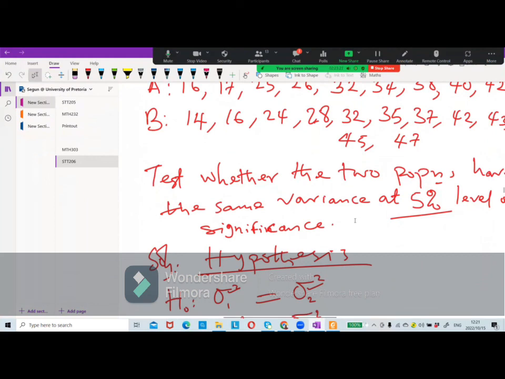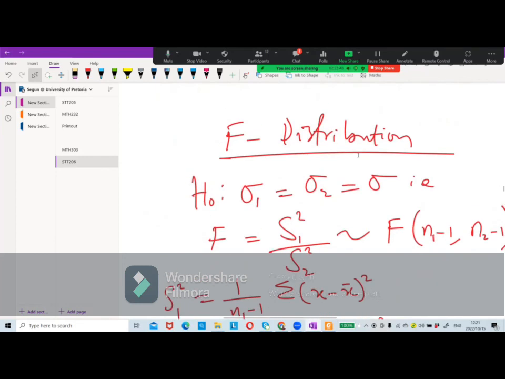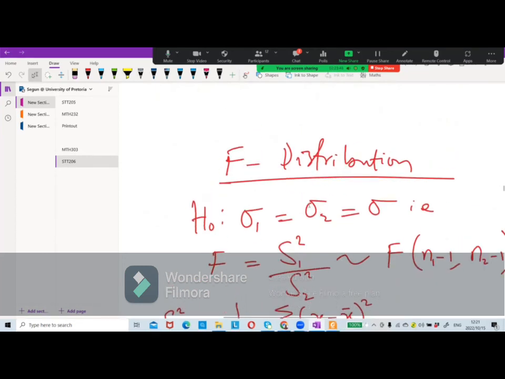Are you following me now? Yes, sir. The question might say, test whether the two populations have the same anything. But in this case, for F distribution, we test variance. And I would advise you guys, go and read more about F distribution. Look at the way they represent it too, in variance format.